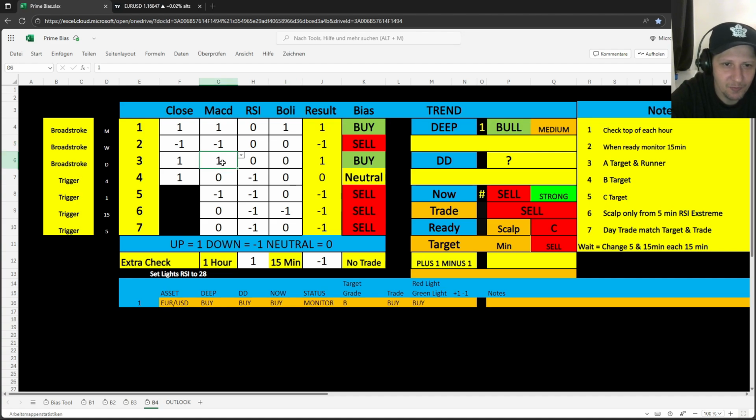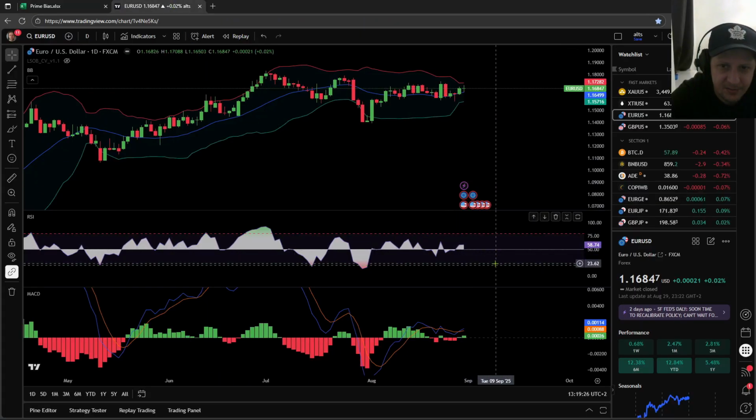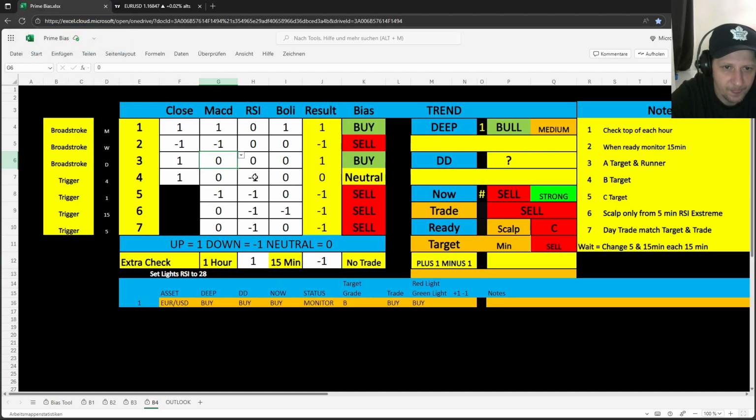But for me, I would say it's neutral, the MACD. You can take +1, but I would say neutral. The RSI as well is neutral. The Bollinger Bands is neutral. Neutral. Oh, right.